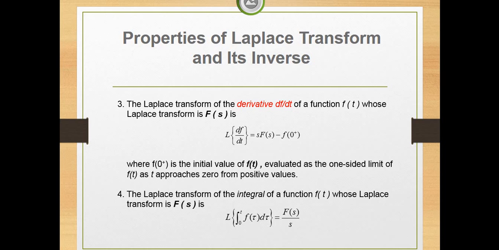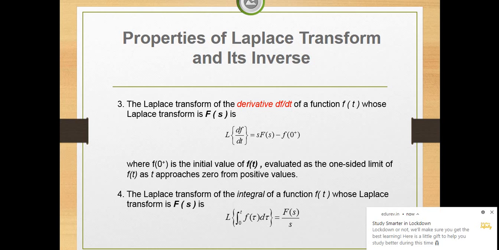The reason why you see a plus sign on the 0 here is that the function is approached from the right side of the Cartesian plane up to the value of t, the independent variable, being equal to 0. We don't approach this value of 0 for our independent variable from the left side because our Laplace transform does not have any meaning for time, or for t, which is negative.